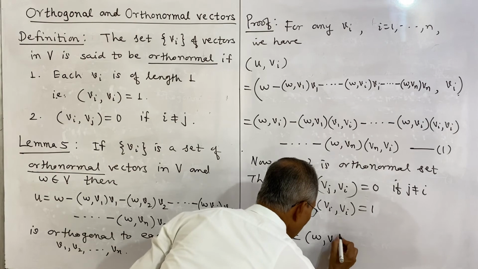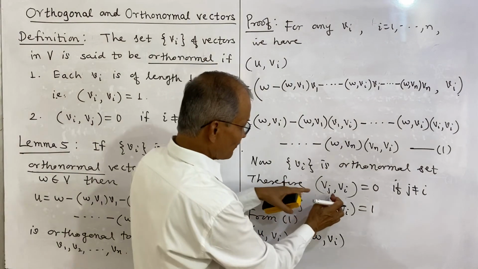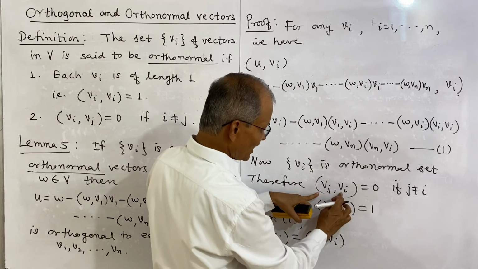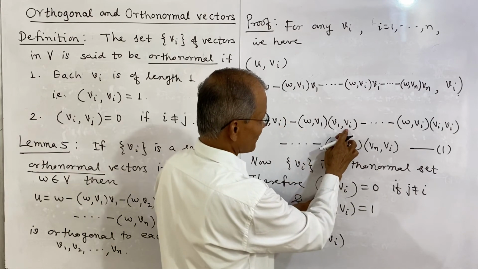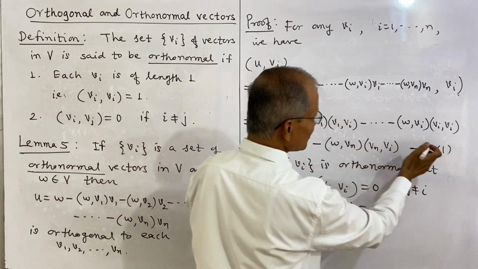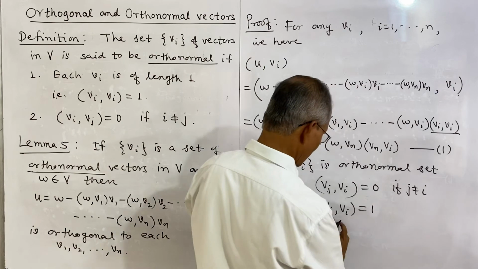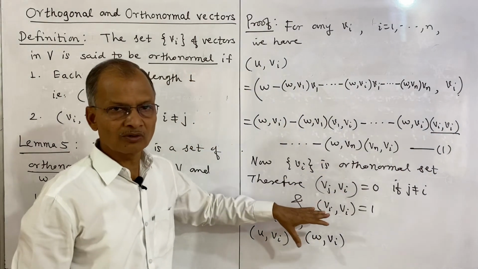Now what about this vector? We use here inner product of vj and vi is 0 if j is not equal to i, and here this will be 0 because 1 and i are different. So this is 0, next will be 0, only this will be 1. Inner product of vi with vi is 1, remaining will be 0.